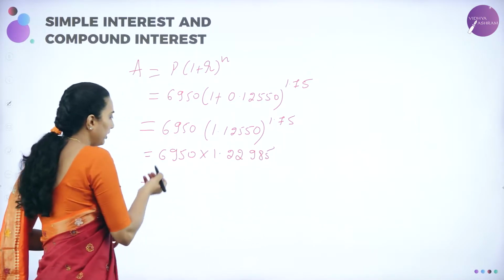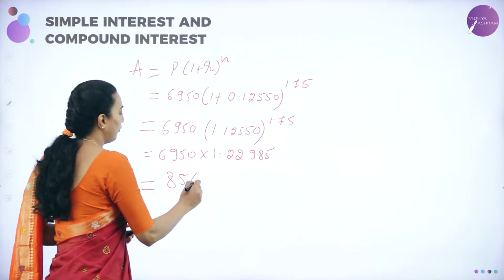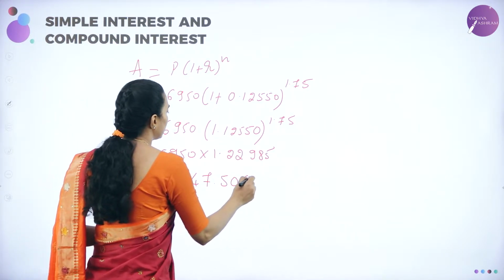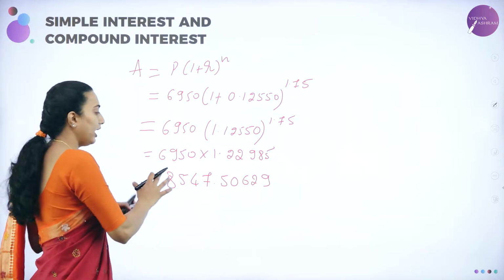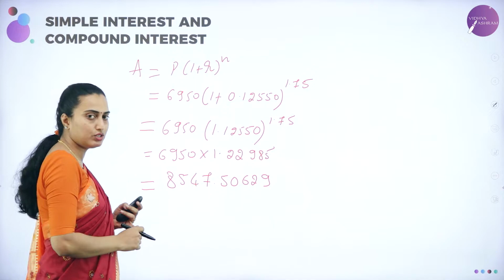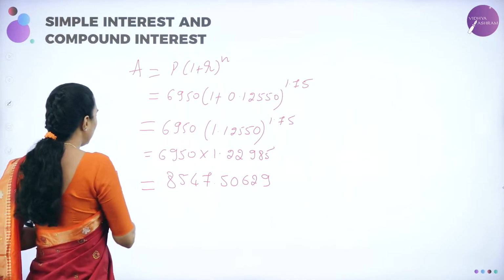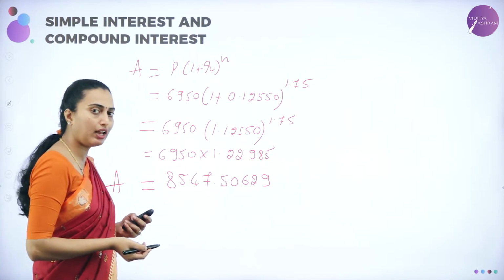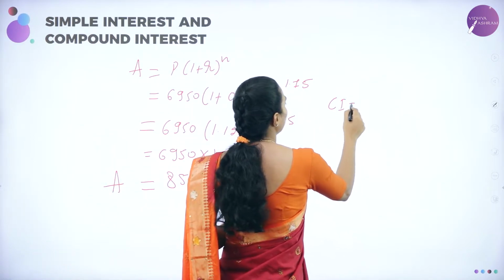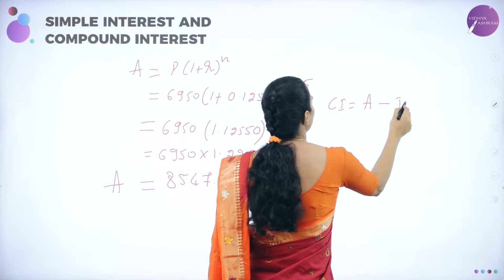So by multiplying this, 8547.50629 is your answer, that is A. Now they have asked you to calculate what? The compound interest. Compound interest is given by the formula A minus P.